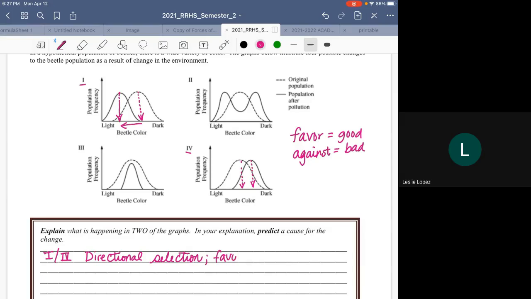I'm going to put here: favorable color passed on to next generation is one of the extremes, so either light or dark.